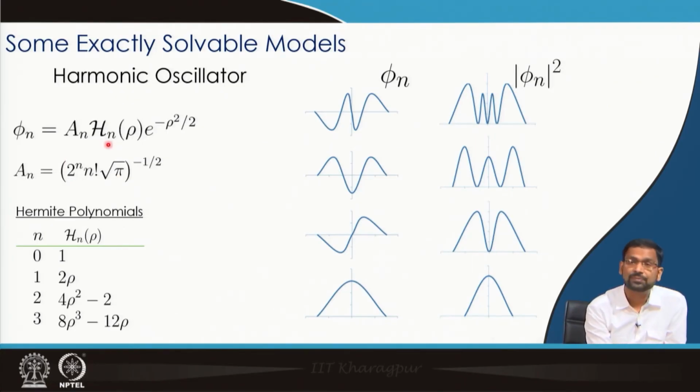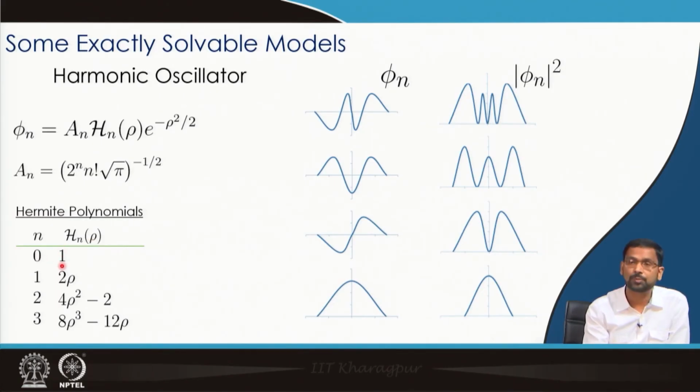The second term is the so called Hermite polynomials. What is a Hermite polynomial? It is a very useful mathematical polynomial which is very popular in mathematics, and is found in most textbooks in the appendix. If you are expressing this polynomial as a function of rho, the Hermite polynomial has a form for each order.